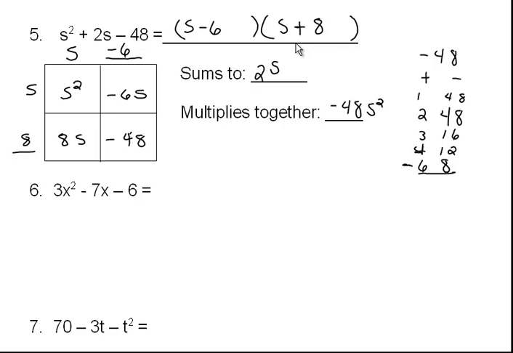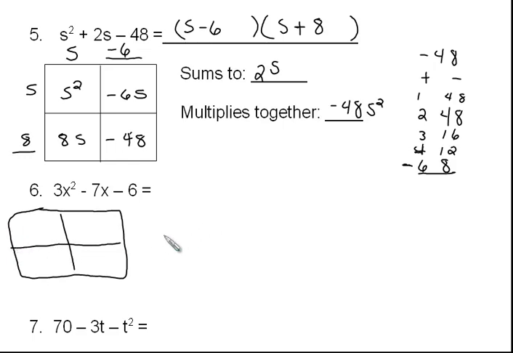Well, now for 6, 7, and 8, we don't have everything drawn out for us, so we're going to draw it. We're going to write it ourselves. Go ahead and draw your box. And, you know, some people draw good boxes and some people don't.